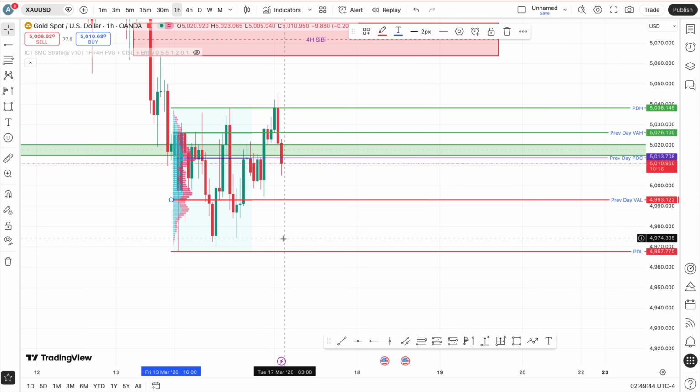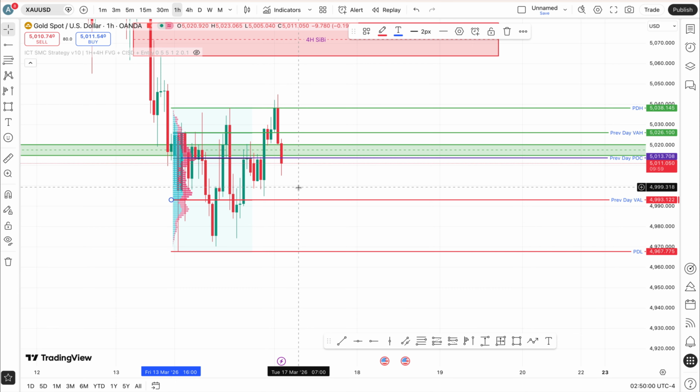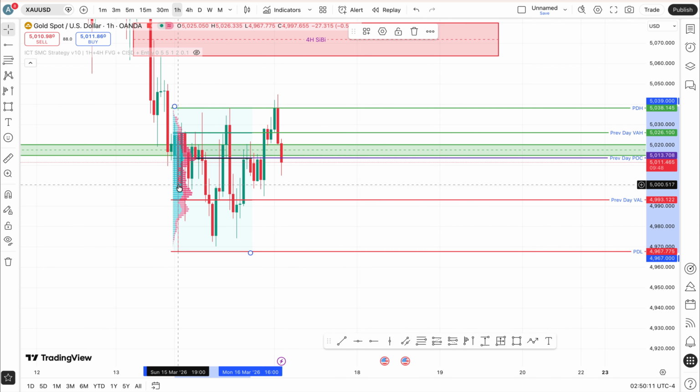The most important observation right now is the price is being supported at today's value area low. You can see that the market is currently at the previous day's POC. That being said, it has not closed below it. The value area low represents the lower boundary of value, where buyers often step in when price trades at a discount. So we've marked yesterday's levels.